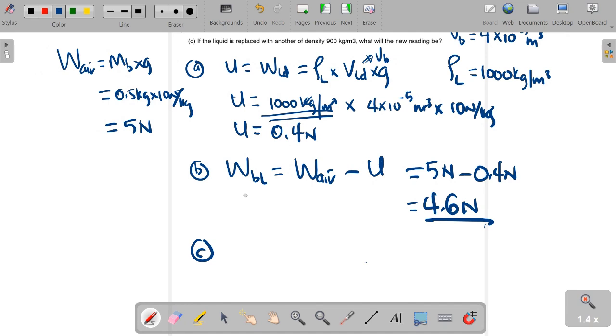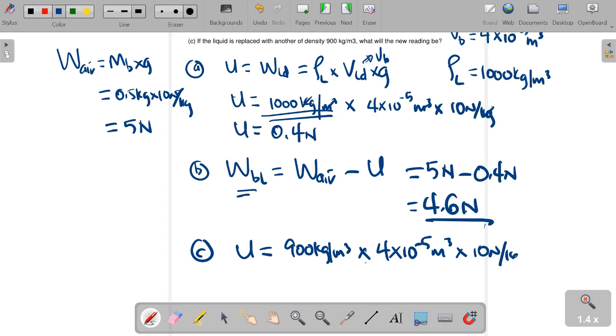It means we need to calculate this again. So we need to find the upthrust. The upthrust will be equal to 900 kg per cubic meter multiplied by 4 times 10 to the power negative 5 cubic meters multiplied by 10 newtons per kg. Let me punch this into my calculator.